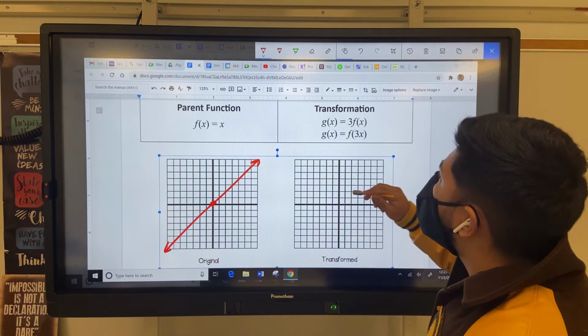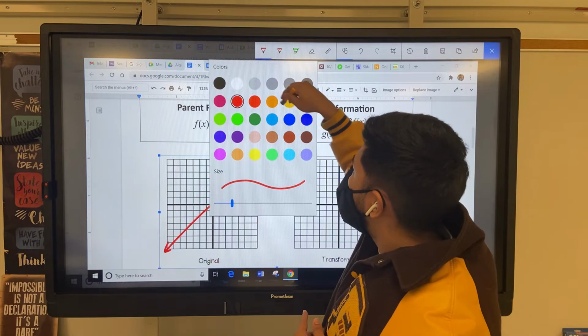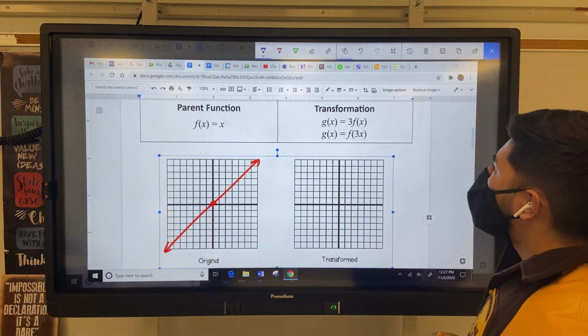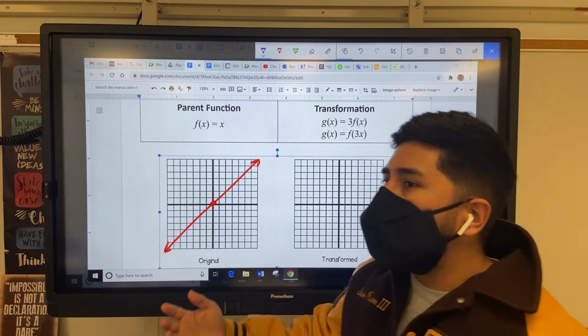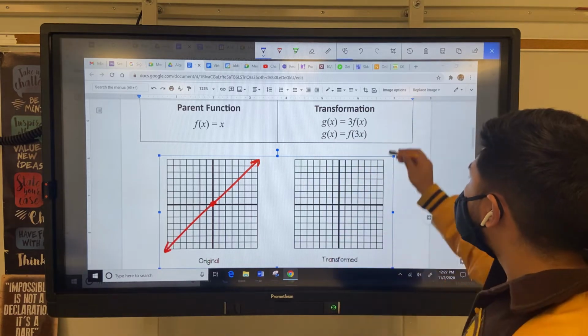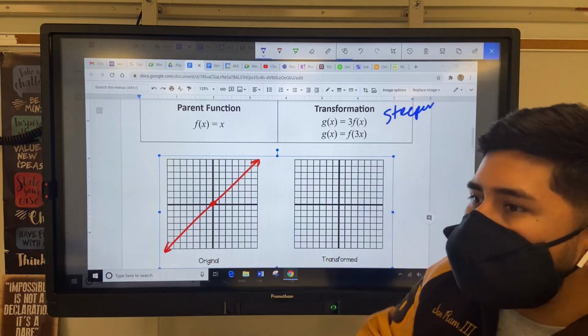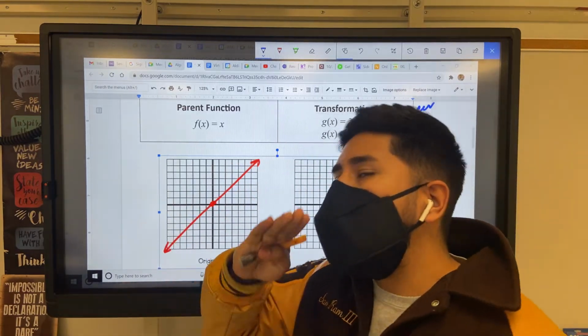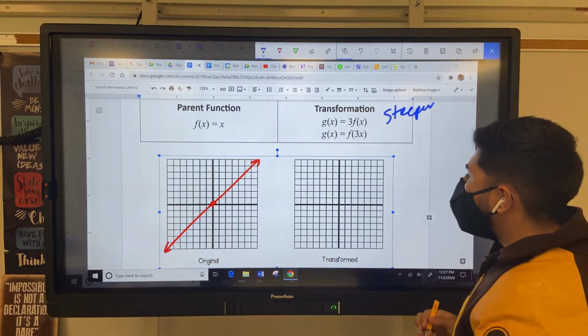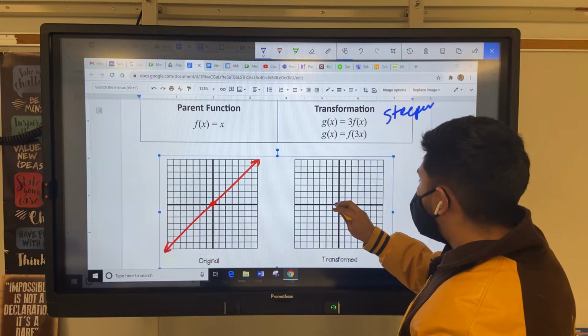The transformation. So, real quick, from the section above, we said if it's greater than 1, this is steeper. Right away, you need to make that note. Hey, it's steeper, so that means it's going to be more inclined. And we started at 0.